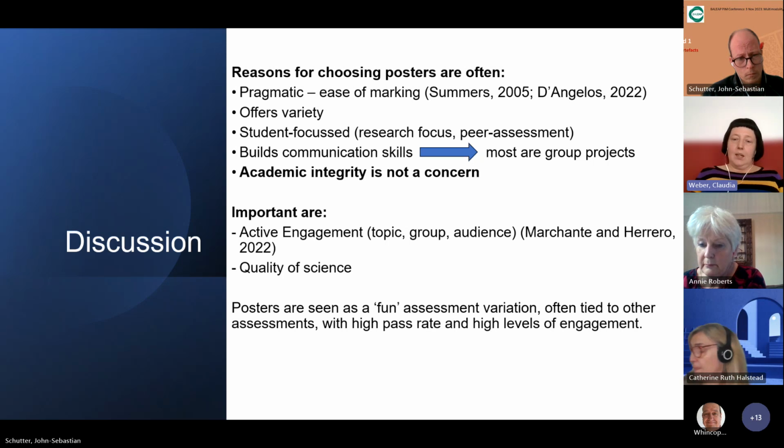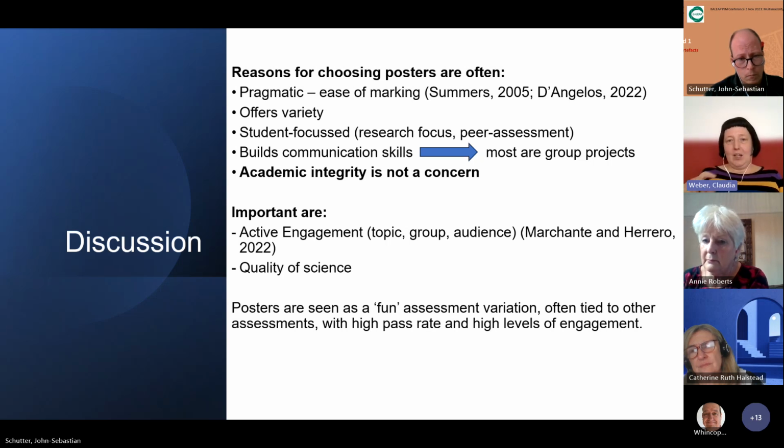However, this is in contrast to what Angelov was saying, that posters are chosen because they tackle issues with plagiarism. This is not what we found. This could be interpreted in a way that because they're choosing posters, their plagiarism would be obvious, so they don't have issues with plagiarism in using posters.